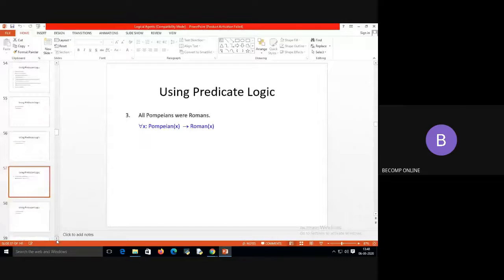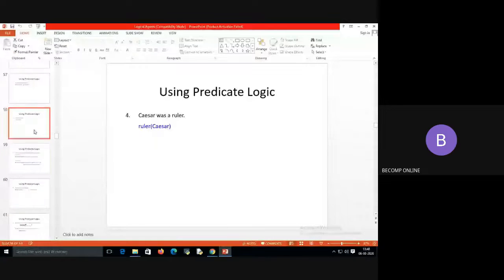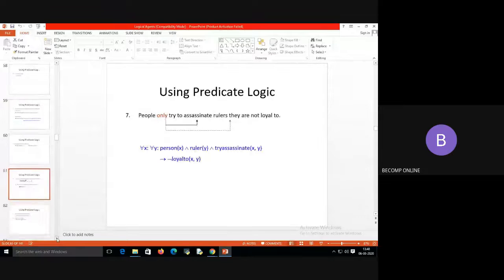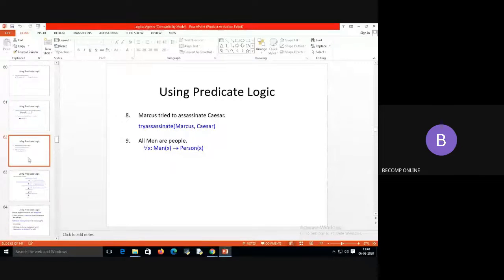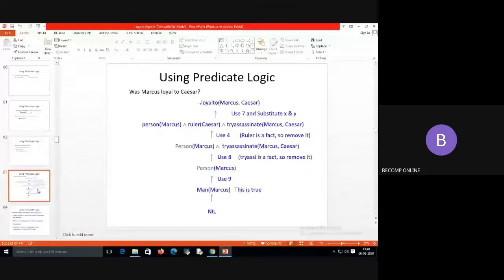So I have 9 different facts represented in 9 different notations of predicate logic. Again, using predicate logic, we have 2 different proofs available: proof using backward reasoning and proof using resolution. Before we see proof using resolution, let's see proof using backward reasoning.